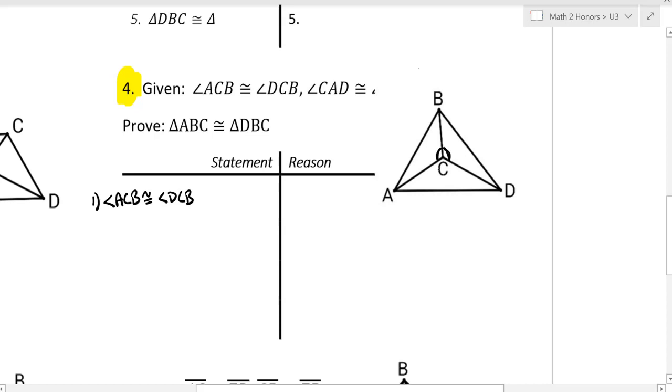And then angle CAD, right here, is congruent to, it was cut off here, sorry about that, it should say CDA, right here. And the reason is given.